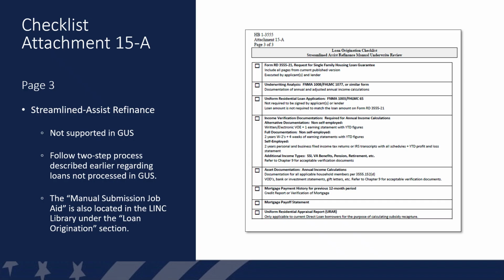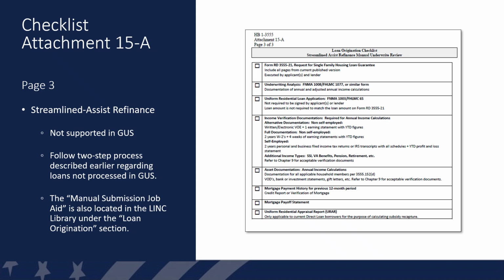Assemble the following documents in this stacking order: the completed and signed form RD 3555-21, request for single-family housing loan guarantee, the underwriting transmittal or analysis, the uniform residential loan application, complete income documentation for all adult household members, asset verification documentation, mortgage payment history for the previous 180 days, mortgage payoff statement, and appraisal only if the original loan was a direct loan and subsidy recapture is due.